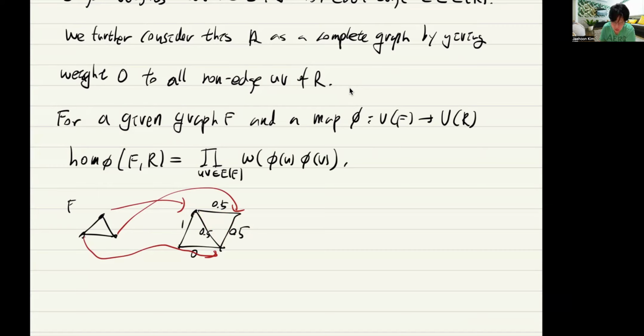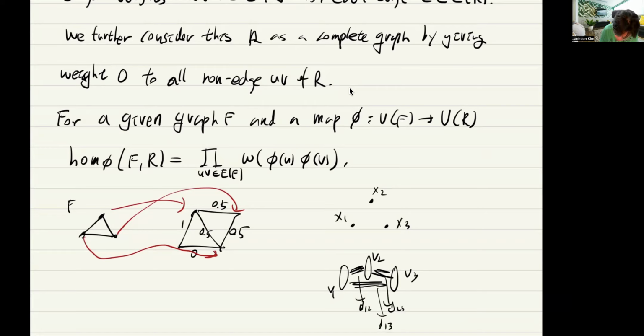What is this? So this is exactly when you have x1, x2, x3, then v1, v2, v3, and then this is epsilon regular with the density, say d12, d23, d13. Then the number of triangles that we get from the triangle counting lemma is what?